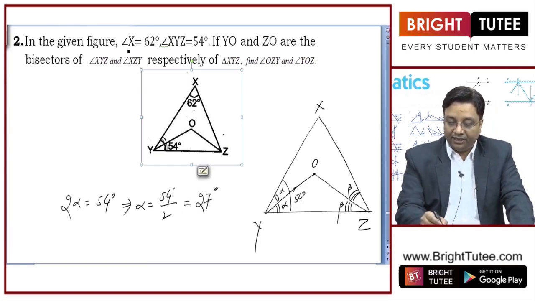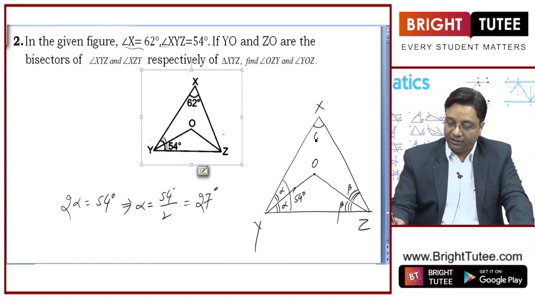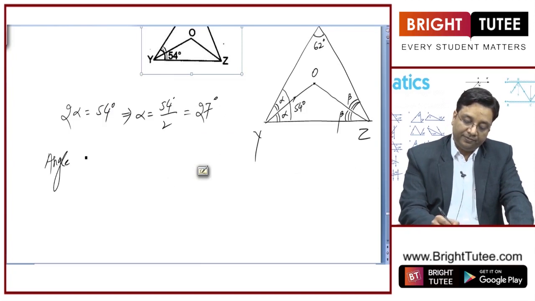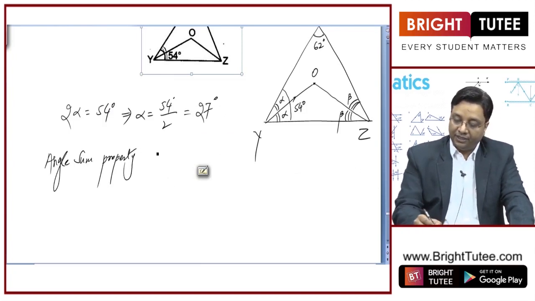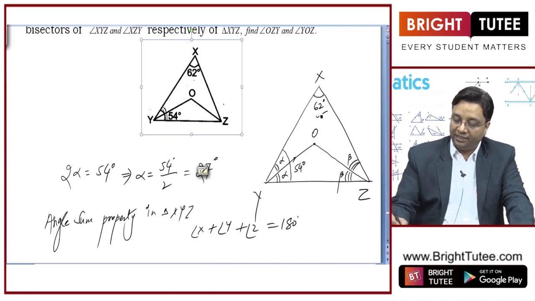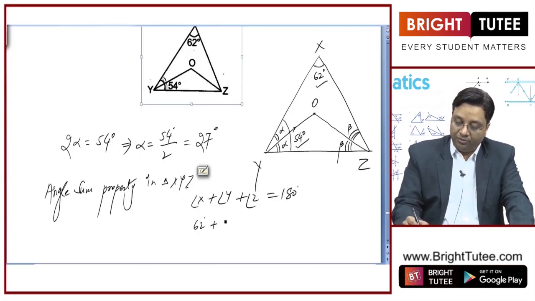Okay, and angle X is 62. So this angle is 62. Now applying the angle sum property in triangle XYZ, angle X plus angle Y plus angle Z is equal to 180. Angle X I know is 62, angle Y I know is 54. So 62 plus 54 plus angle Z is equal to 180.